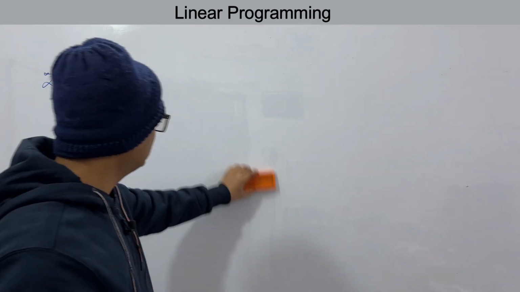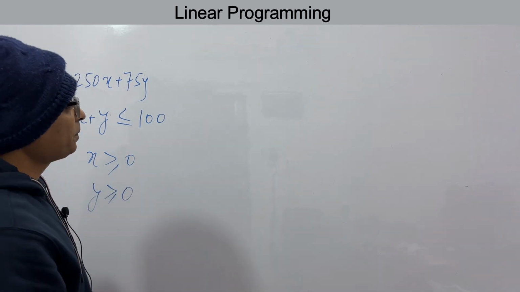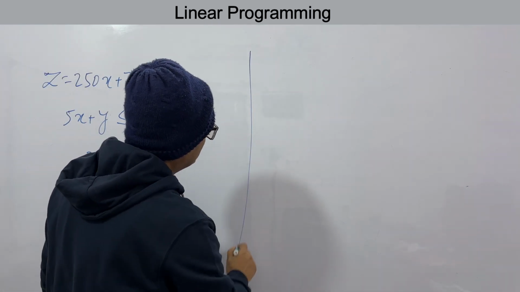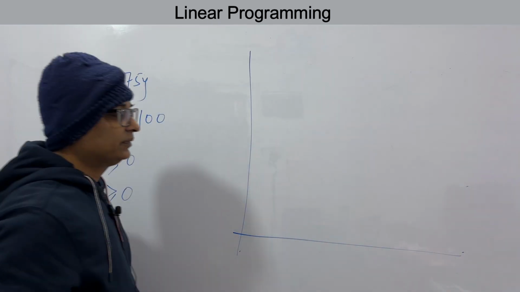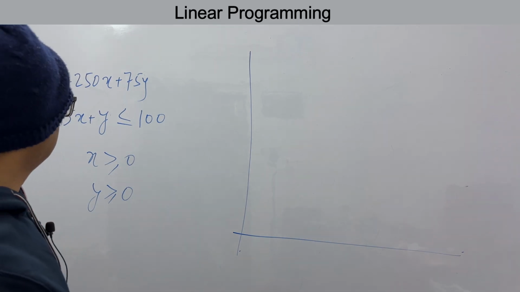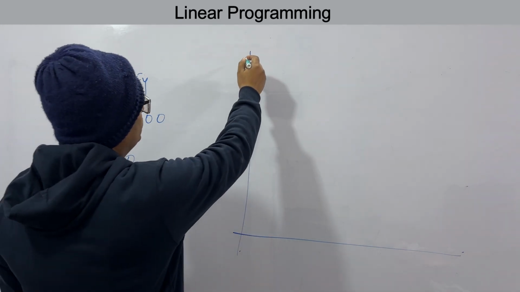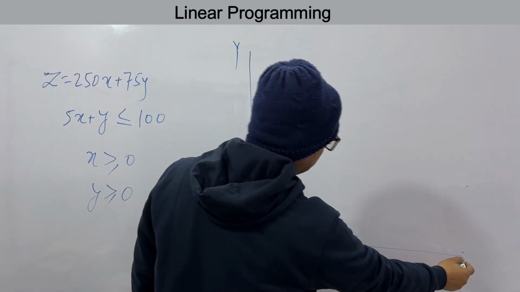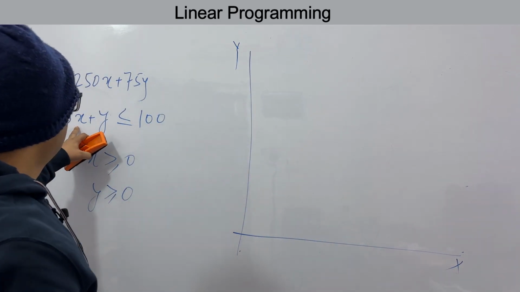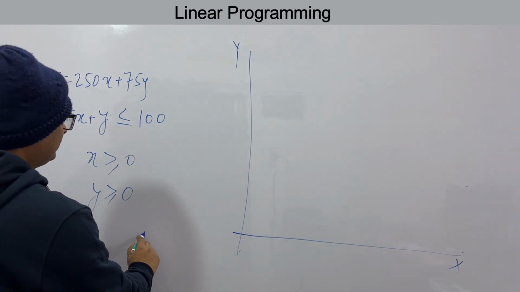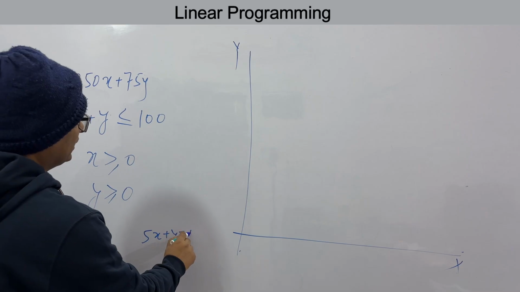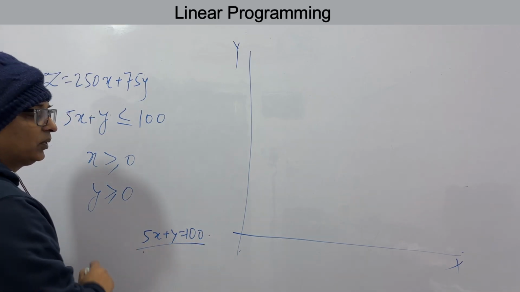Let's see how to solve this using graphical method. Let's make our graph. This is a rough graph. You can use your scale and pencil. So this is y and this is x. How to plot this? We'll use 5x plus y equal to 100 to plot the line.